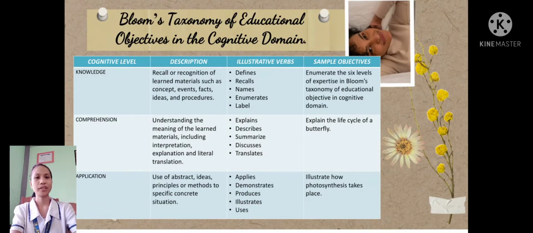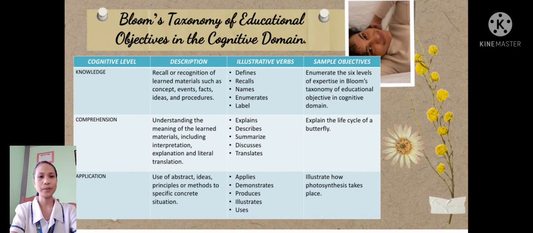The first cognitive level under Bloom's taxonomy of educational objectives in the cognitive domain is knowledge. Knowledge is the ability of the student to recall or recognize learned materials such as ideas, concepts, facts, and procedures.